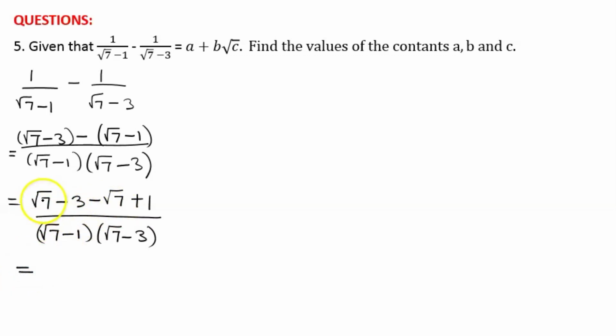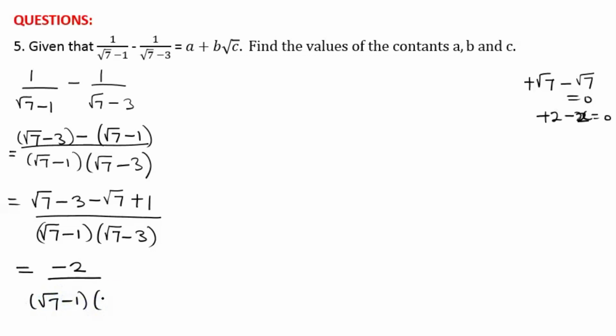Plus root 7 minus root 7 is going to give us 0, just like saying plus 2 minus 2 is going to be 0. So what we are left with at the numerator is minus 3 plus 1, which is going to be negative 2, divided by root 7 minus 1 into root 7 minus 3.